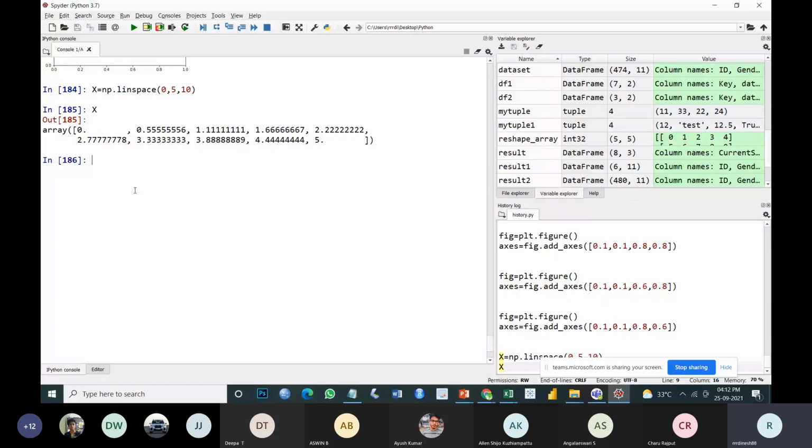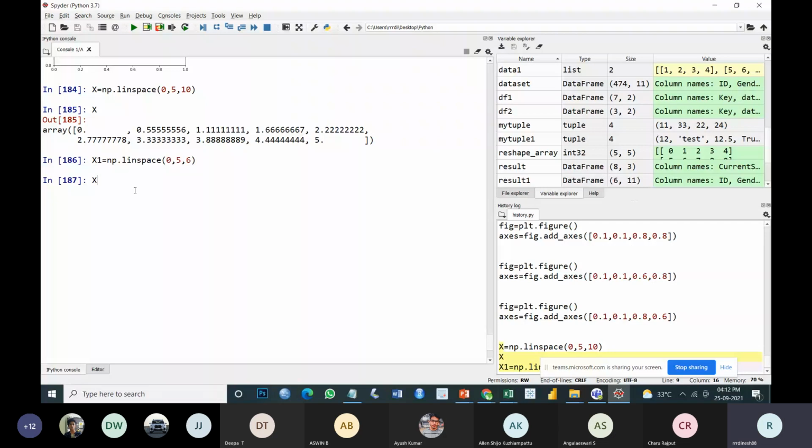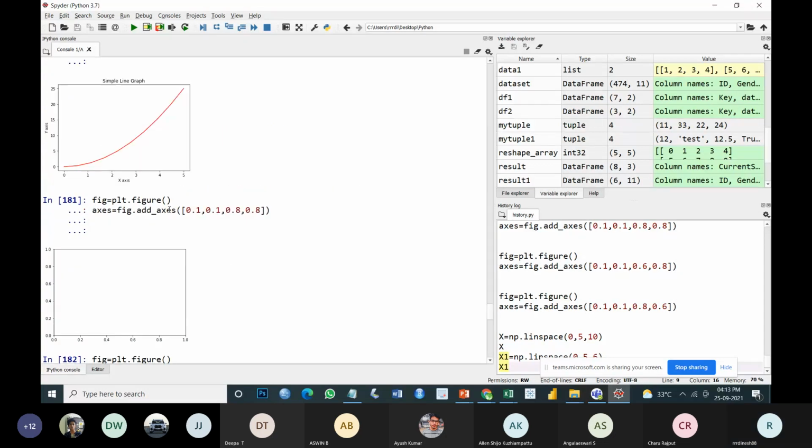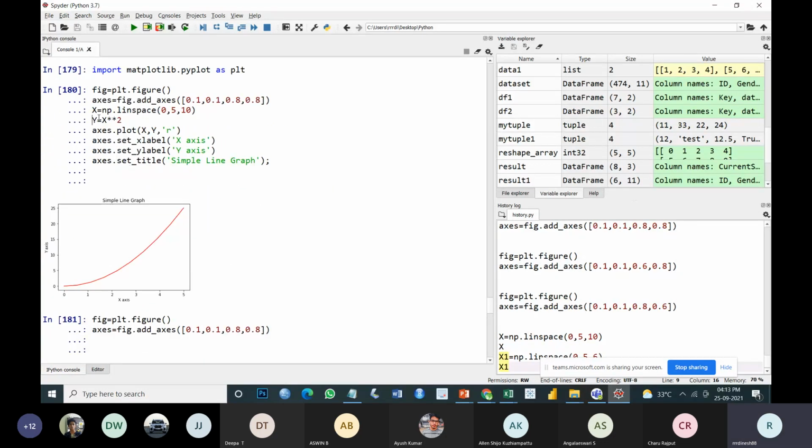For example, if I change 5 to 6 and use 6 values, it prints 0, 1, 2, 3, 4, 5, six values with equal interval. That is linspace. Then y equal to x square.